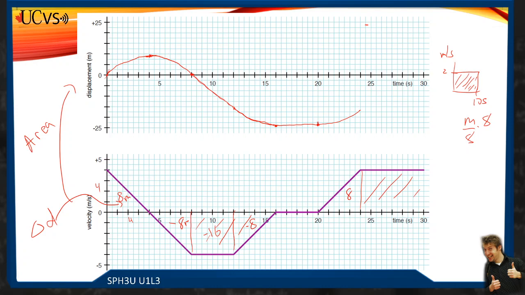Okay, and then the last part, in the last 6 seconds, we gain 6 times 4. So we're going to gain 24 meters. Remember, these are gaining or losing, right? So we're adding to our 16 point. We're going to add 24, so that's going to get us back up to 8 meters.